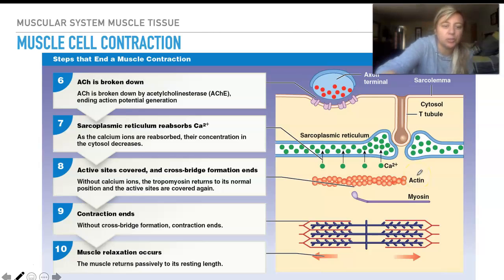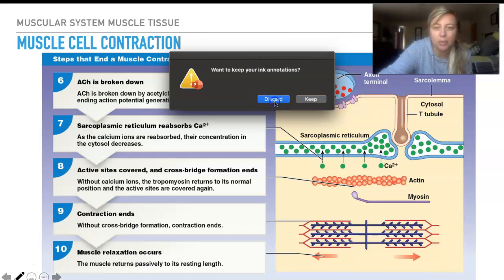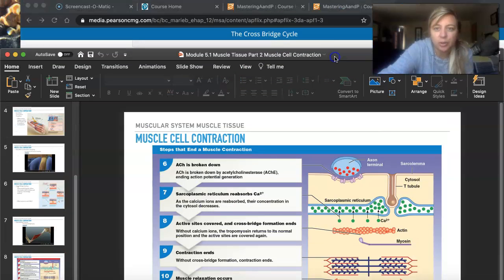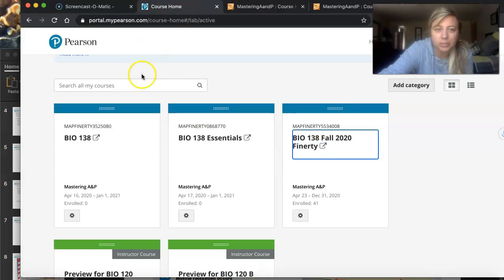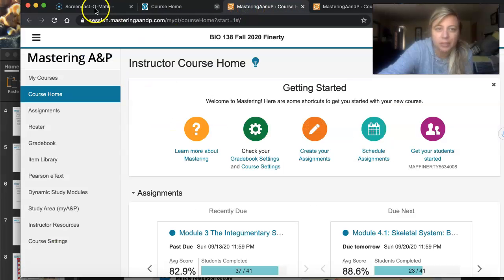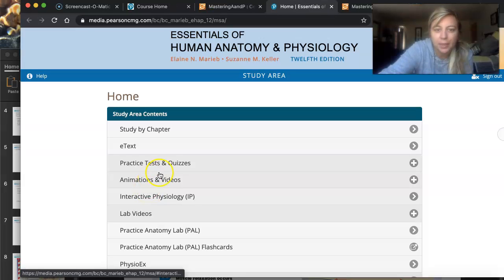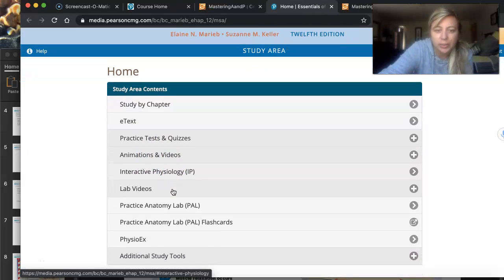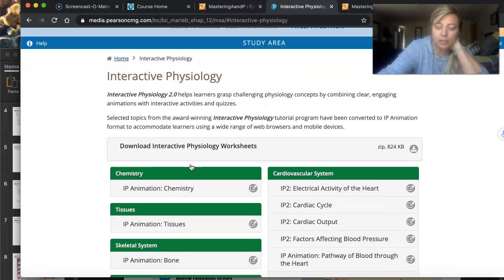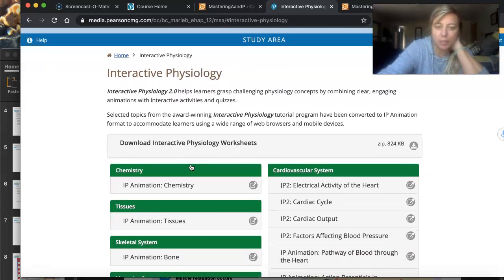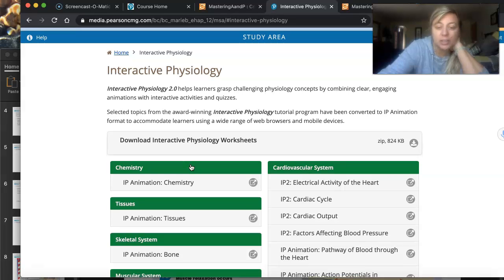I wanted to show you one other thing that may be helpful in your exploration of muscle cell contraction, because this is a pretty complex physiology topic. If you go down to the study area in Mastering and go into Interactive Physiology, there are some tutorials on different complex physiology topics in the course.